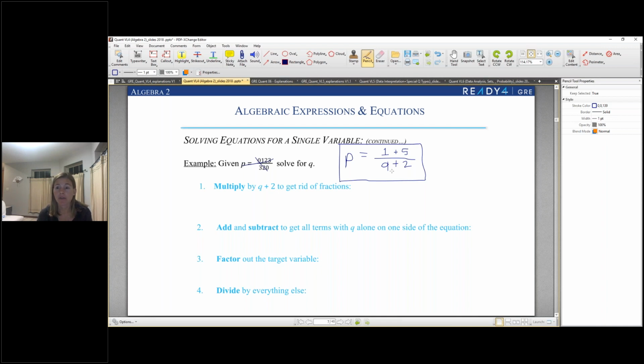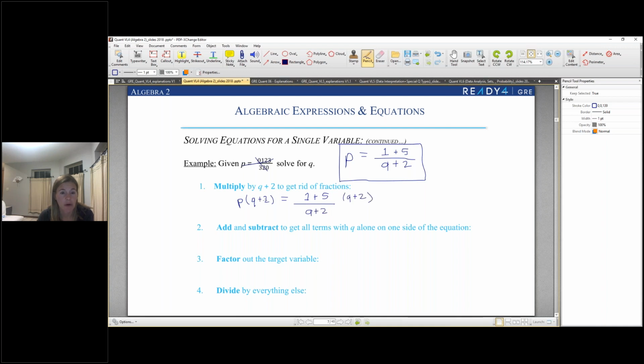Well, the first thing we do is multiply by Q plus 2 to get everything out of the denominator, get rid of fractions, particularly when they're variables in the denominator. So if we do that, we get P times Q plus 2 is equal to 1 plus 5 over Q plus 2 times Q plus 2.